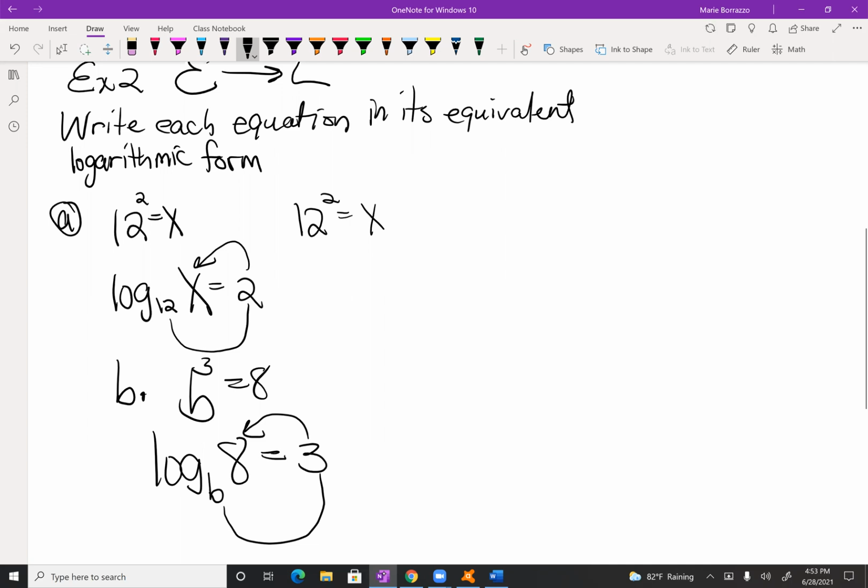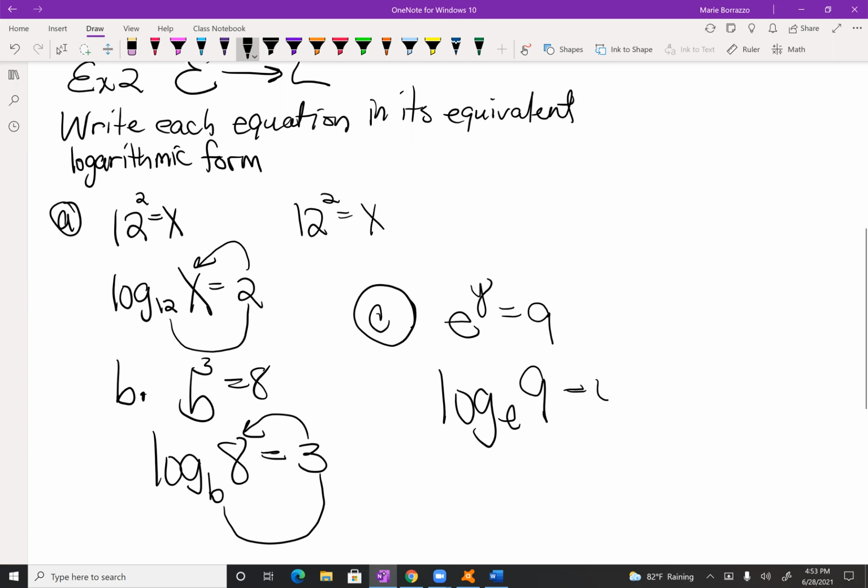Okay, and now the last example, part C, they give us e raised to the y power is equal to 9. So log of the base e, number 9, is going to equal y, because e raised to the y is our 9. And that is how you check it back.